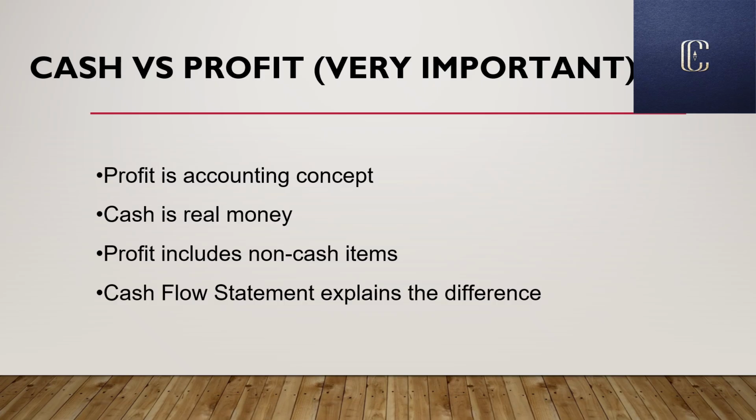Why is cash high but profit low? Where did the cash go? From where did cash come? It removes confusions between book profit and actual money. So it becomes a powerful financial tool.